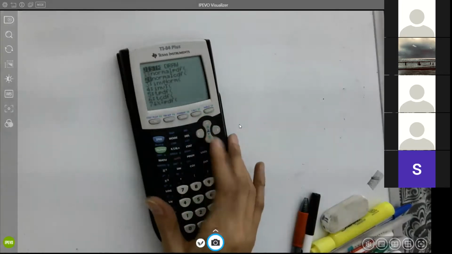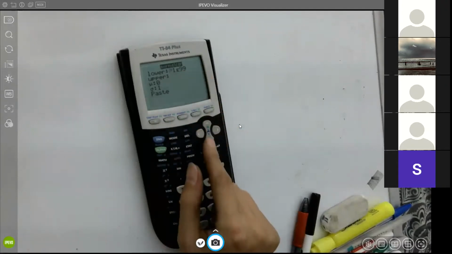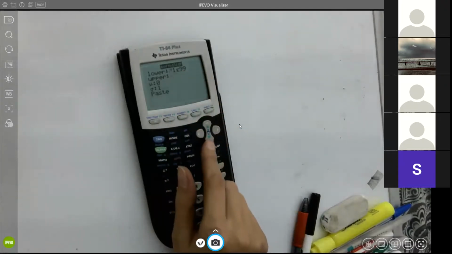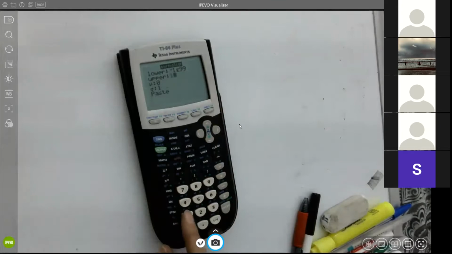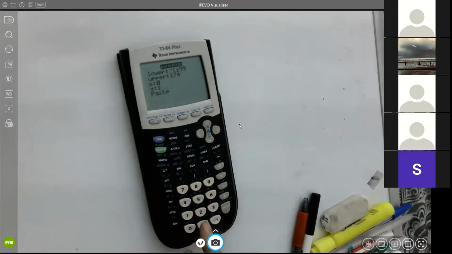Second verse, normal CDF, lower limit. That's a good lower limit, I'm not going to change it. My upper limit is 174. Mean is 182.9. Standard deviation is 40.8.